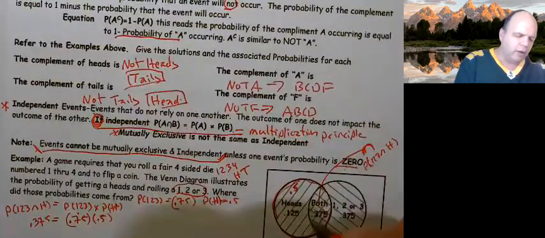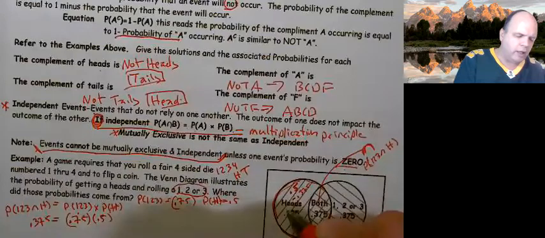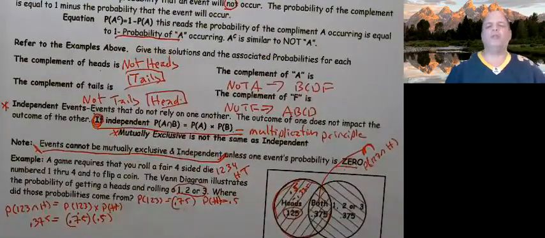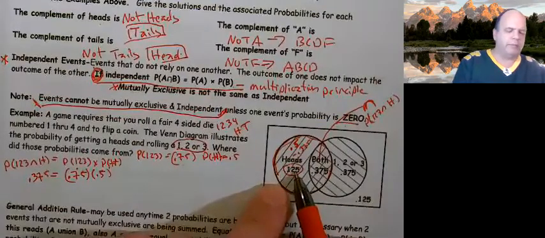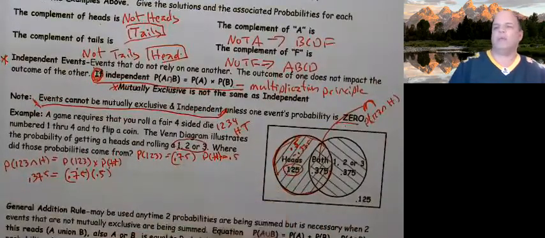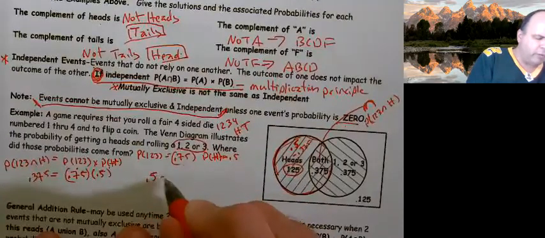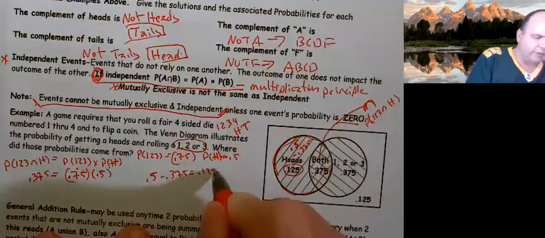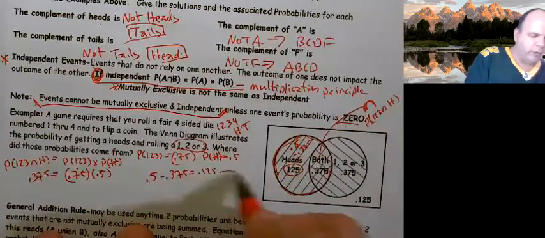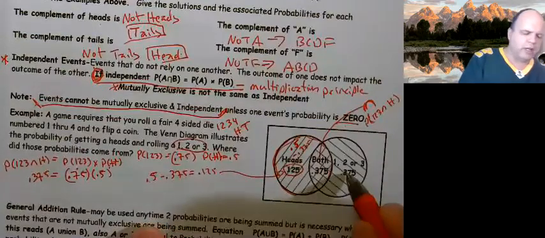So if I take 0.5 and I subtract the 0.375, I end up getting 0.125. So that's where that value came from. So 0.5 minus the 0.375 equals the 0.125. And that went right there.